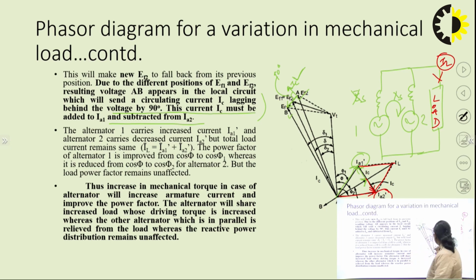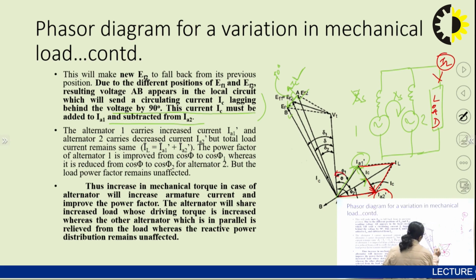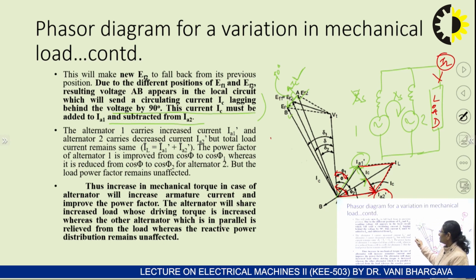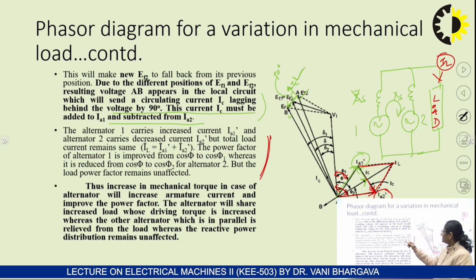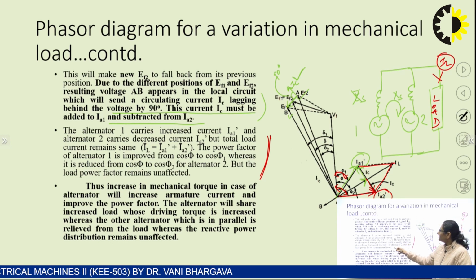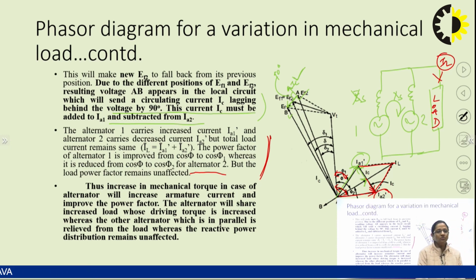What else can we see over here? The operating power factor of alternator 1 is now phi 1. The operating power factor of alternator 2 is now phi 2. So, the power factor of alternator 1 got improved from cos phi to cos phi 1, whereas there is a reduction in the operating power factor of alternator 2 from cos phi to cos phi 2.